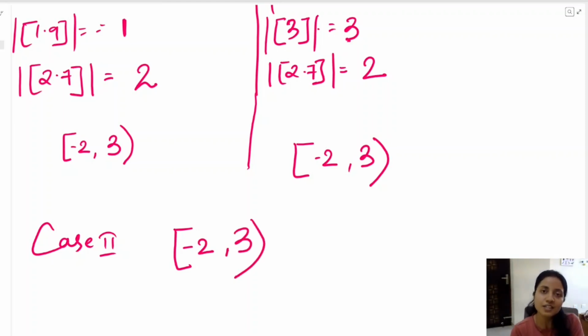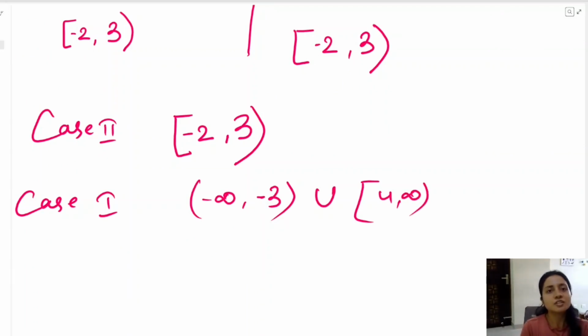Now the case 1 solution and case 2 solution, let's combine these two solutions. So this was our case 1 solution and case 2 solution is also here. Let's combine them and write the final solution.